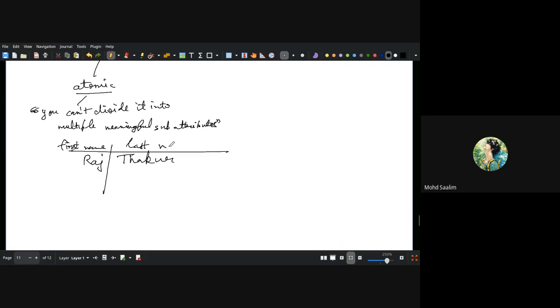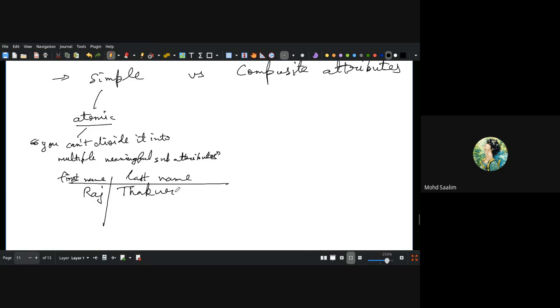So now you tell me, is it reasonable to break Raj into further multiple parts? Will it be meaningful to do? No, sir. No, it is not, right? Because Raj itself is atomic. If you break it, then you are destroying the information. You are destroying the data, right? Same for the last name. They are atomic. If you break them, you are corrupting them.